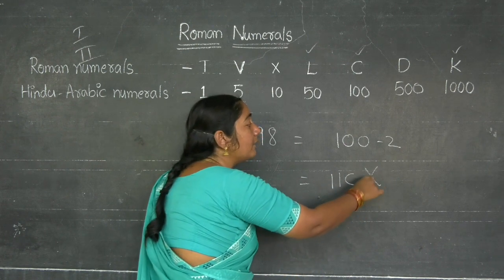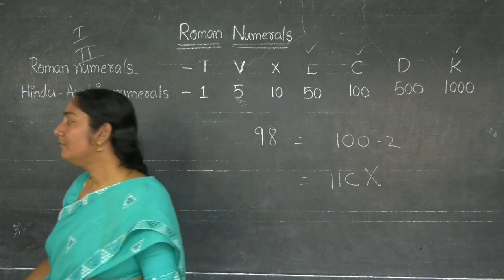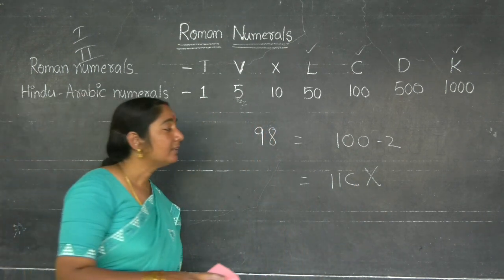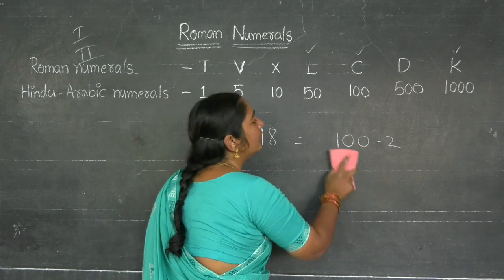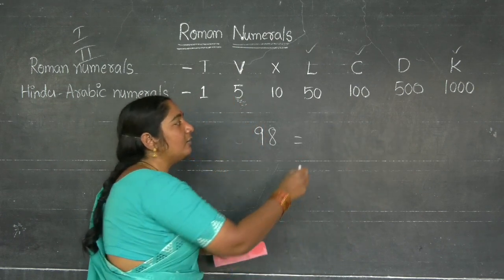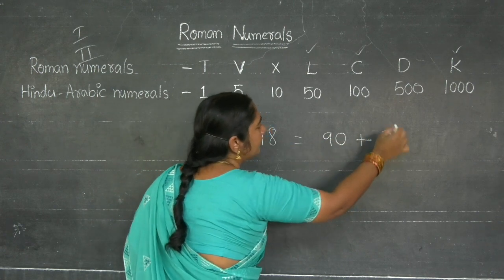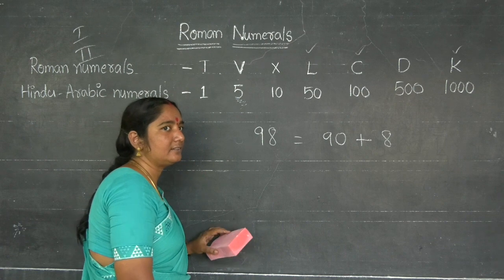No, this is wrong, because 1 we can subtract only from 5 and 10. We cannot subtract 1 from 100. We have seen the rule. So we cannot do like that. So what can we do now? Write as 90 plus 8.